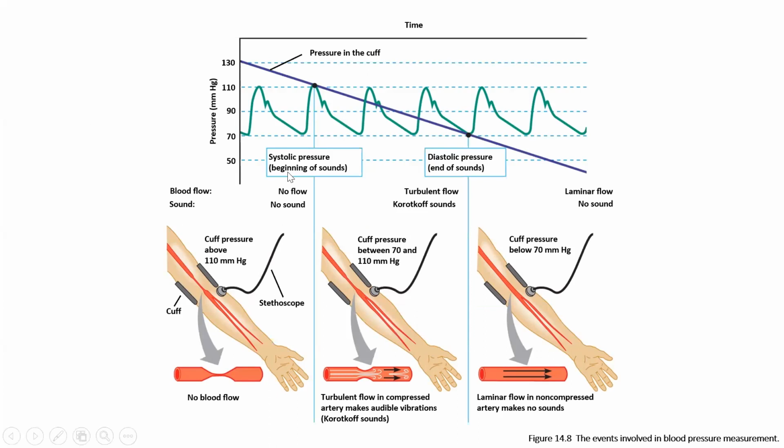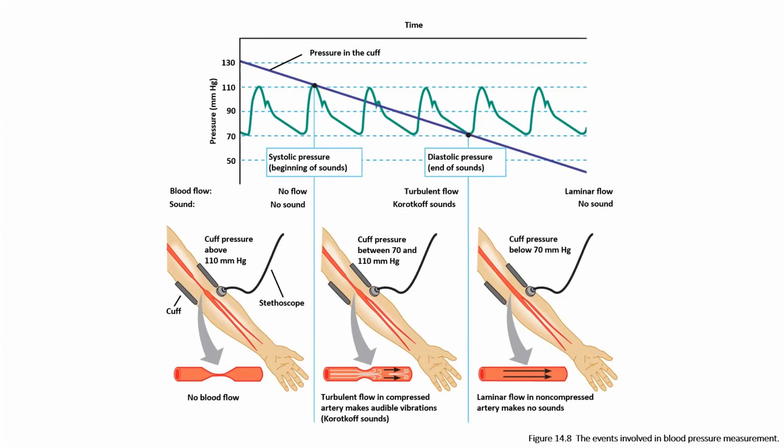And so we're going to inflate our blood pressure cuff to exert external pressure on that artery. Remember, we're trying to compress the artery. And so we're measuring how much pressure we're exerting on the artery, because if the flow can overcome the pressure that we're exerting, we can measure how much pressure that blood is actually flowing under, okay?